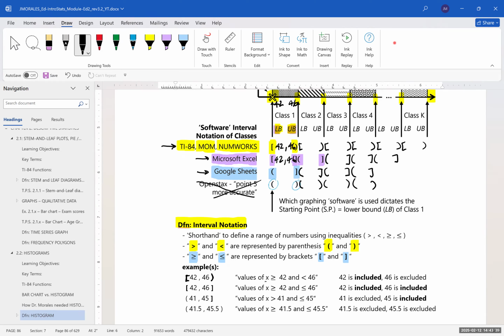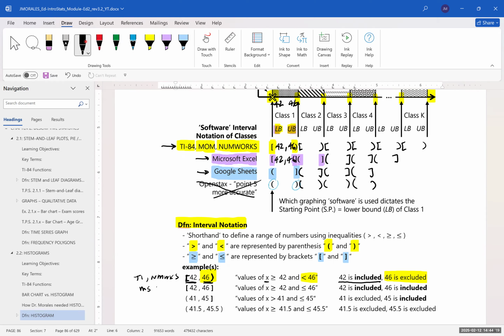This means all values of x, all datums, that were greater than or equal to 42 and less than 46. Greater than or equal to 42 means that 42 is included, but less than 46 means that 46 is excluded from this interval. This is how the Texas Instruments and the NumWorks calculators interpret their intervals.